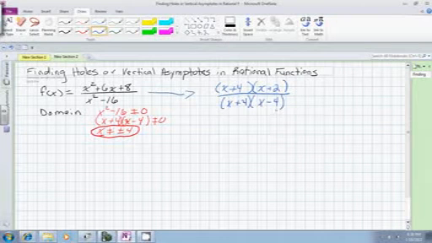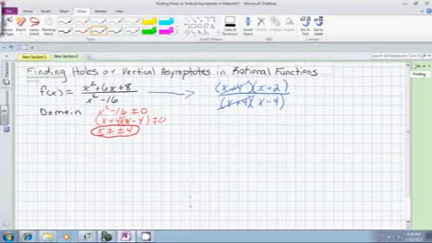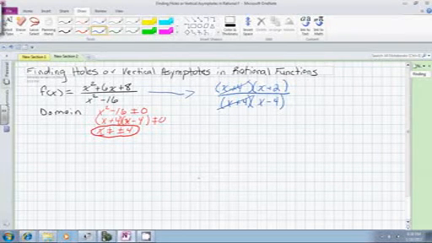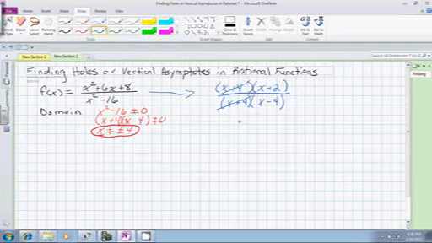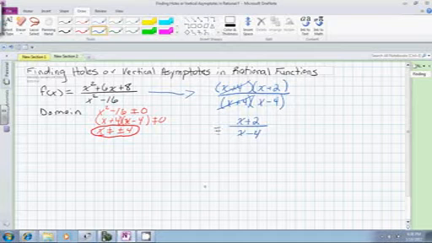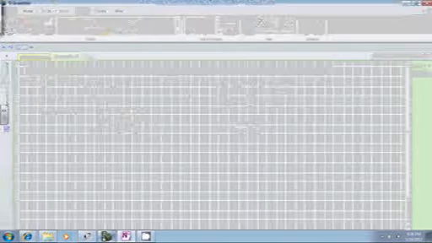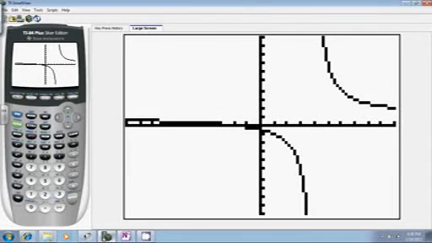So you can see that in this factored form x plus 4 is going to cancel on the top and bottom, giving me a simplified version of x plus 2 over x minus 4. Now, this simplified version has a similar graph to my original one. Let's take a look at it.